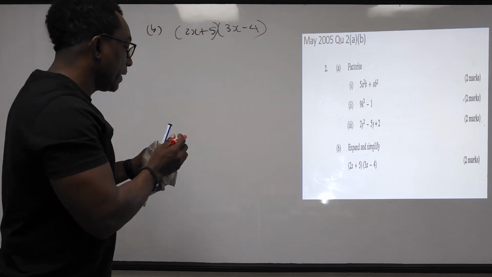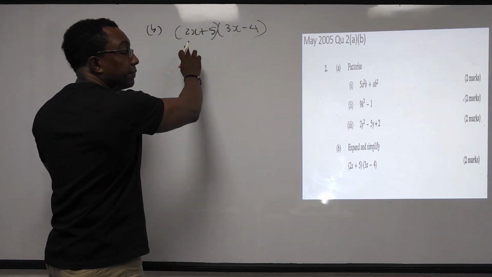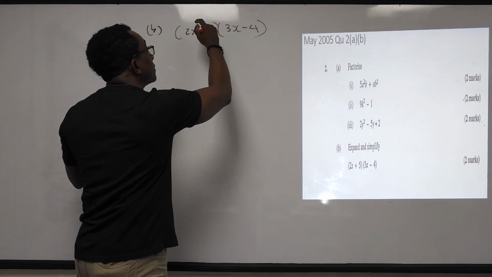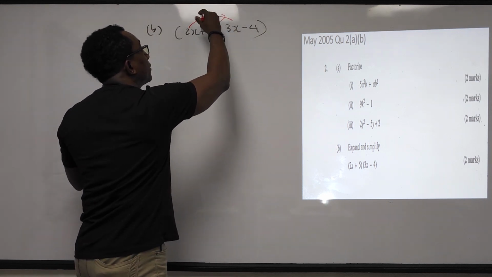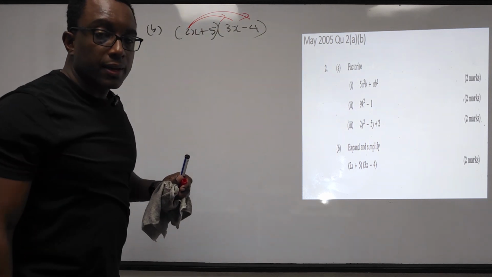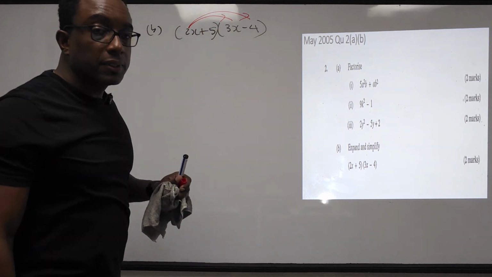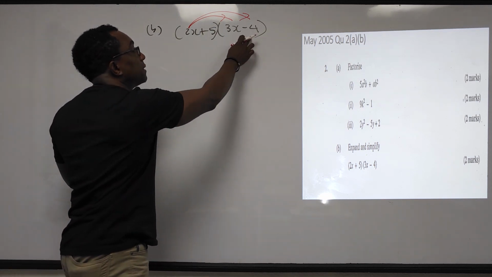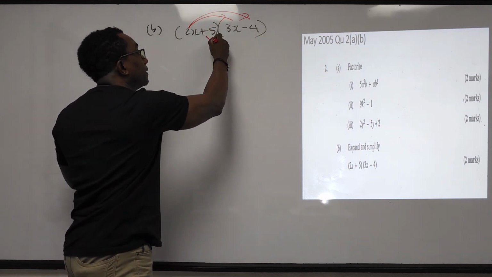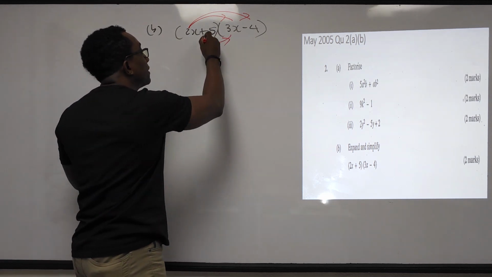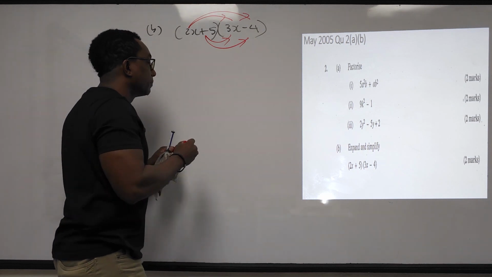I'm going to take 2x in my first binomial and I'm going to multiply it by each term in my second. So 2x by 3x and 2x by negative 4. Then I'm going to take positive 5, which is my second term in the first binomial, and I'm going to multiply by each term in the second. So positive 5 by 3x and positive 5 by negative 4.